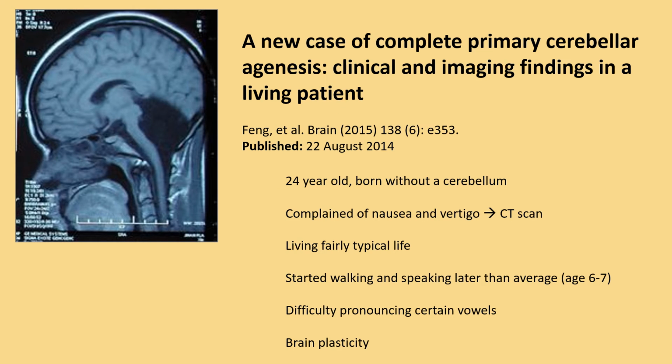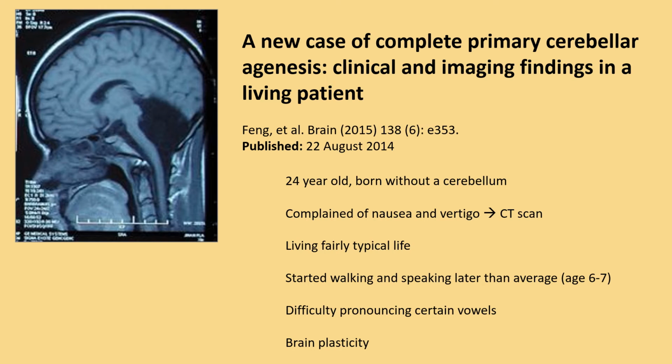This case astonished the world of neuroscience many years ago now. It's about 6 years old. This person was discovered when she complained of nausea and dizziness. She was having problems with her balance and she was upset to her stomach.